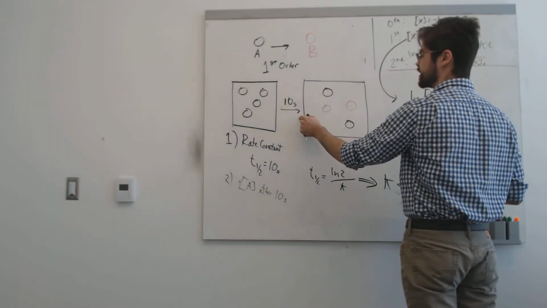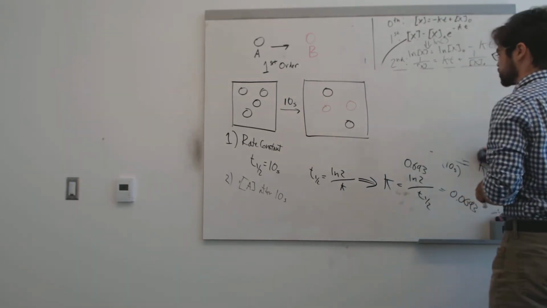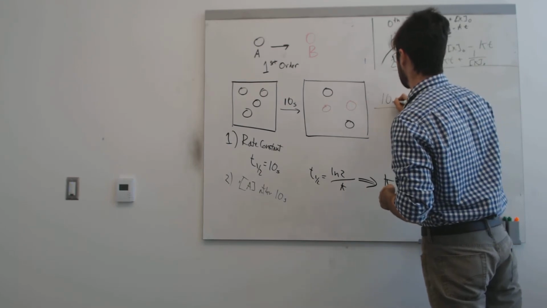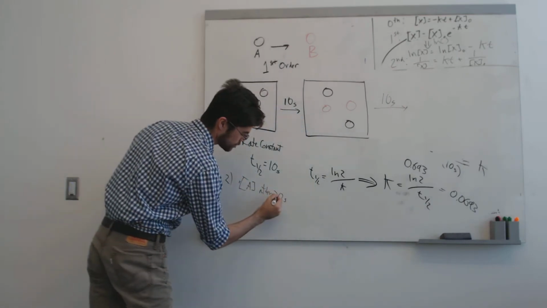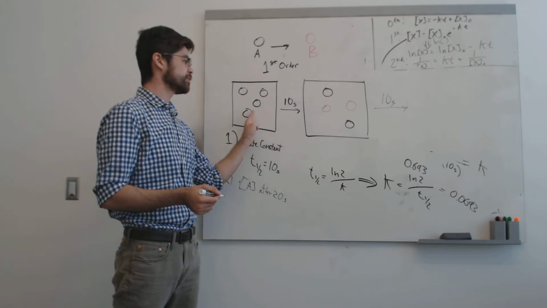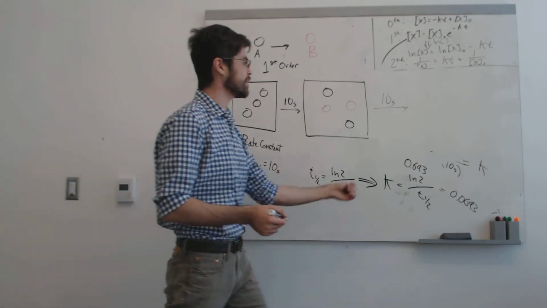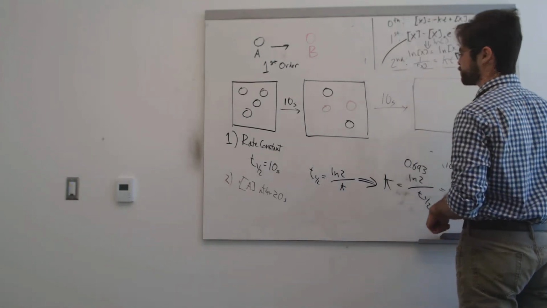We said that in 10 seconds the concentration of A decreased by a half. After another 10 seconds, this was supposed to be a concentration after 20 seconds. So 20 seconds total has passed here. The first 10 seconds, concentration decreases by a half. After another 10 seconds, the concentration is going to decrease by a half again.